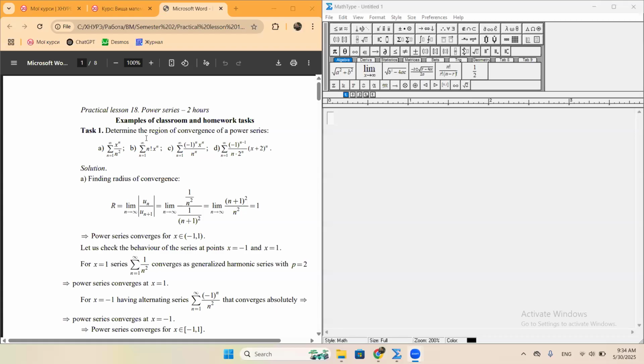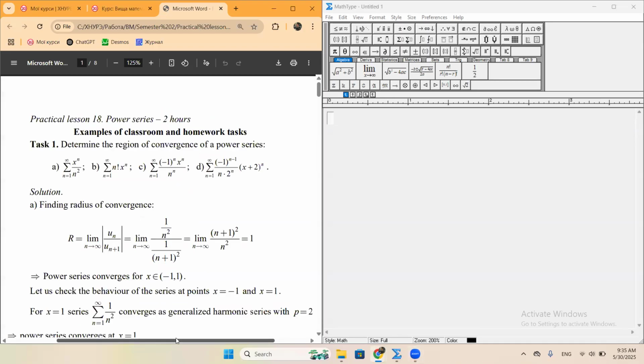Good morning, dear students. Today we are having this 18th practical lesson, the pre-ultimate lesson in this semester. This practical lesson is about power series. There are different kinds of series in math.